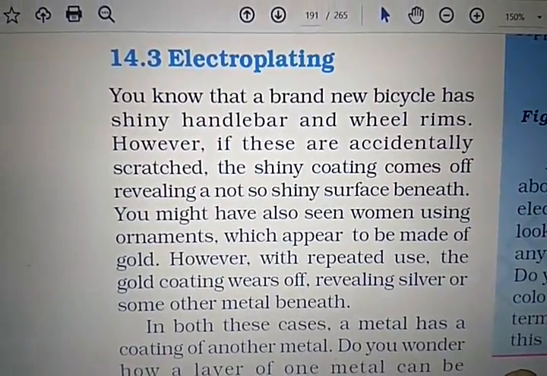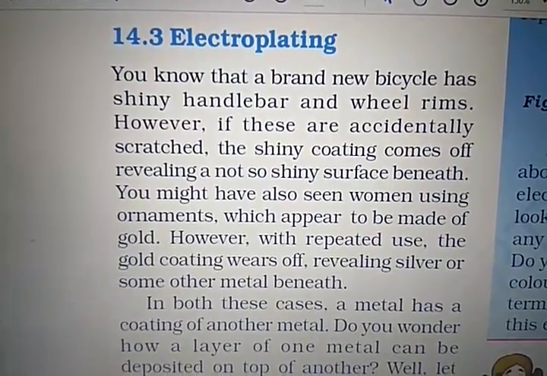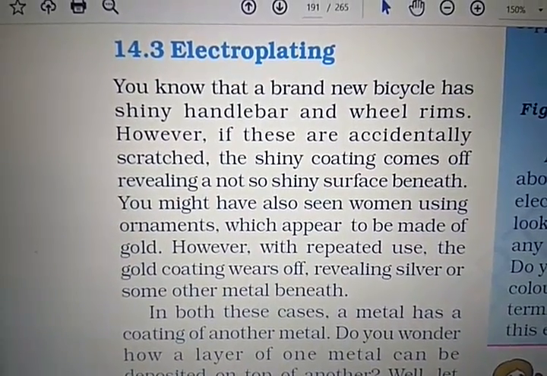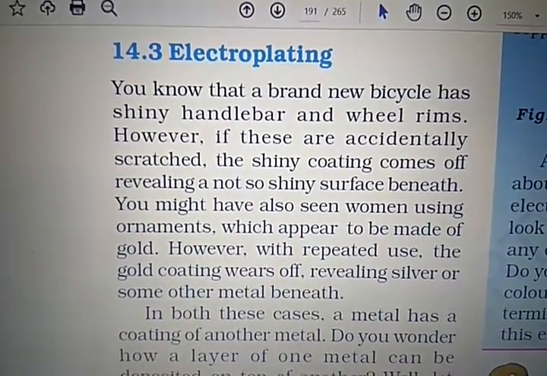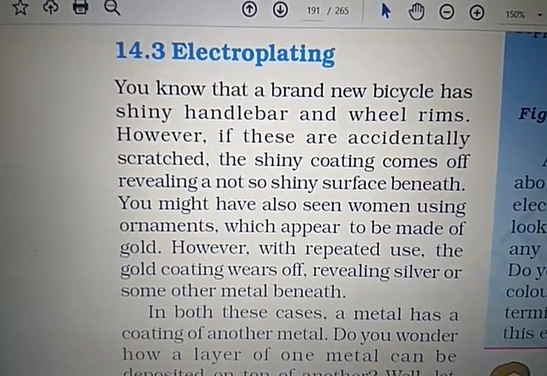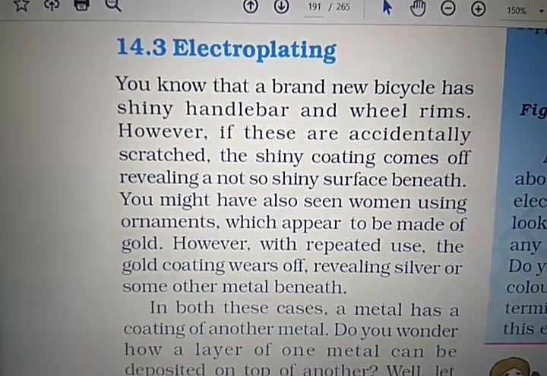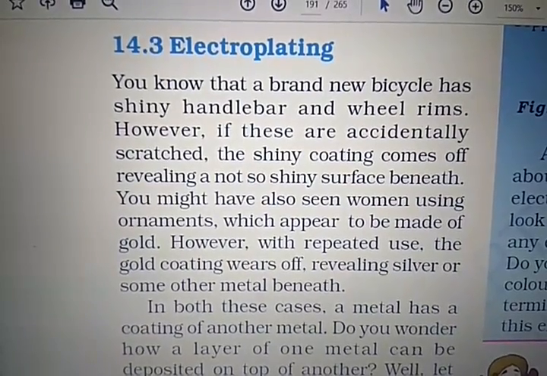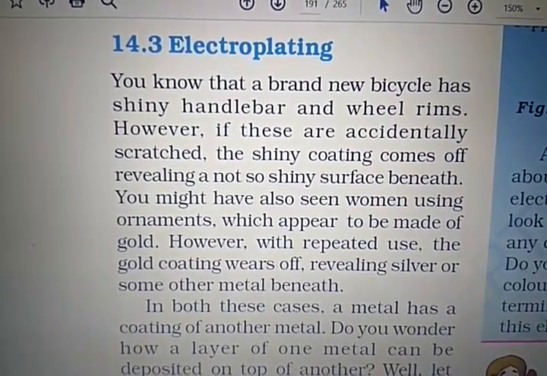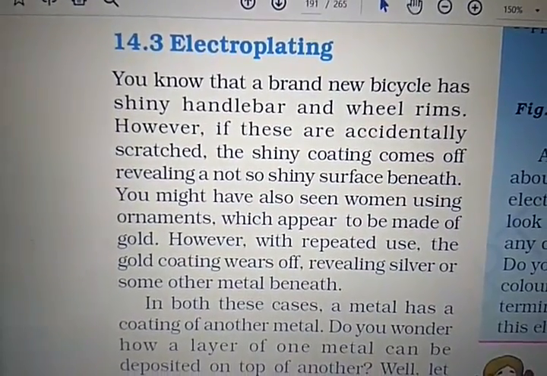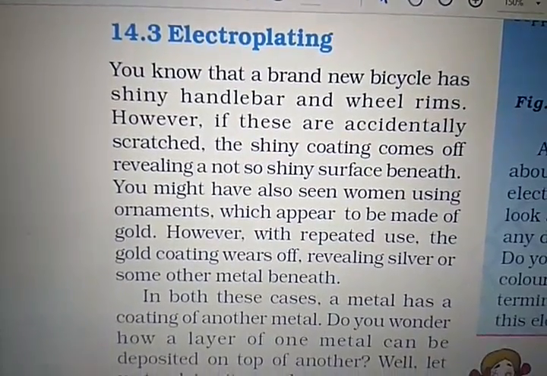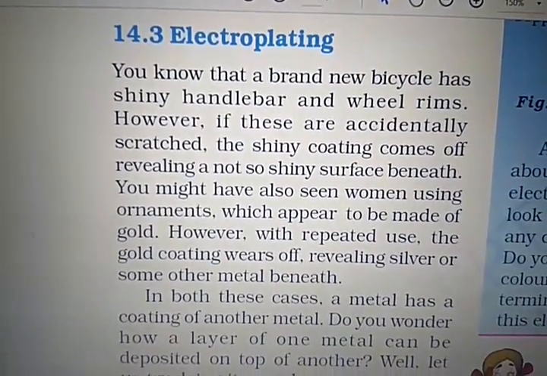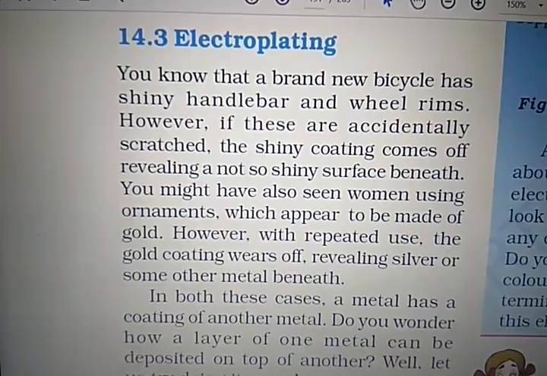Now, electroplating. You know that a brand new cycle has shiny handlebars and wheel rims. However, if these are accidentally scratched, the shiny coating comes off, revealing a not so shiny surface beneath. You might have also seen some women using ornaments which appear to be made of gold.